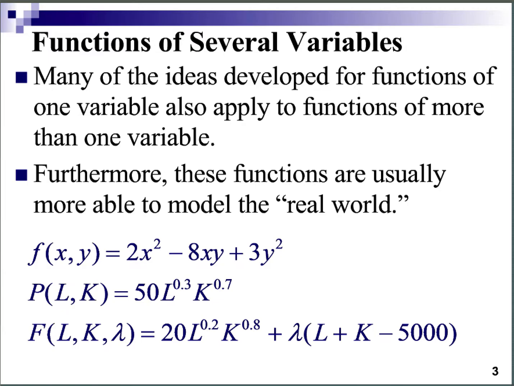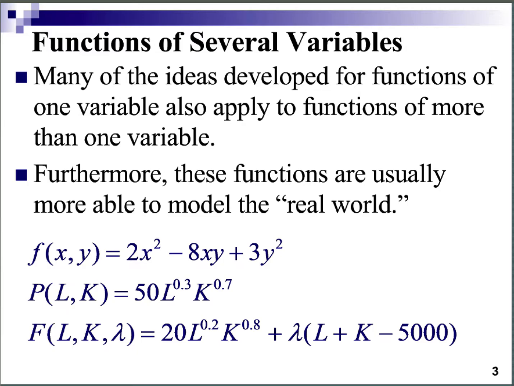So you'll see here below 3 examples of functions f, P, and capital F. So little f is just sort of a generic function that looks like a polynomial. Capital P depends on the variables L and K. That's what we call a production function. So we'll see that more later.